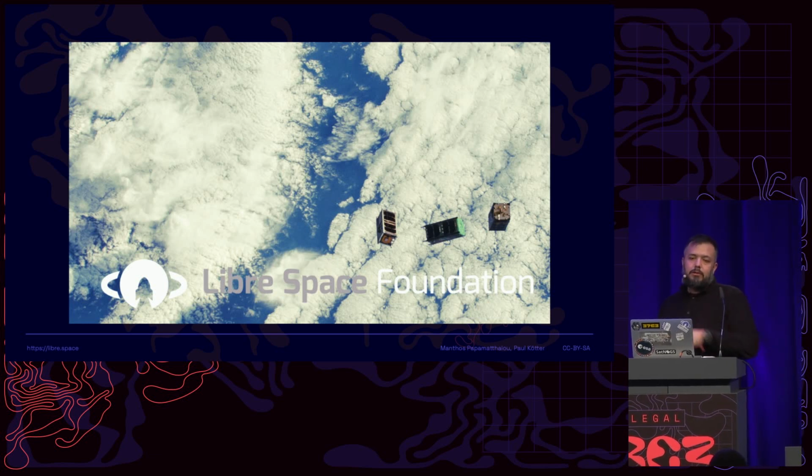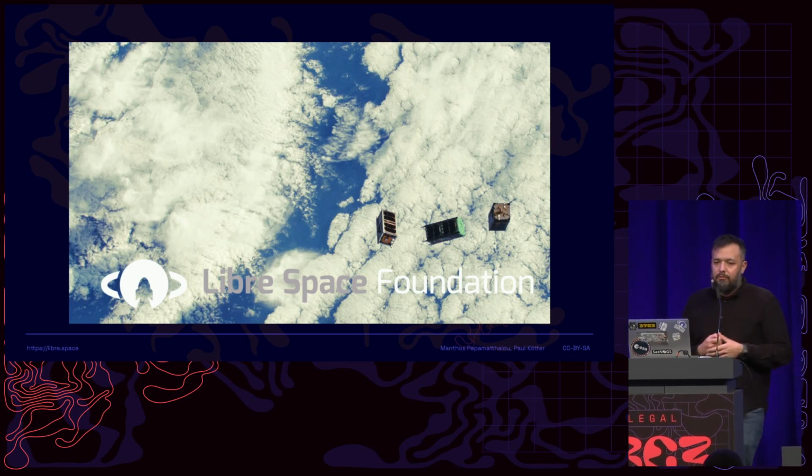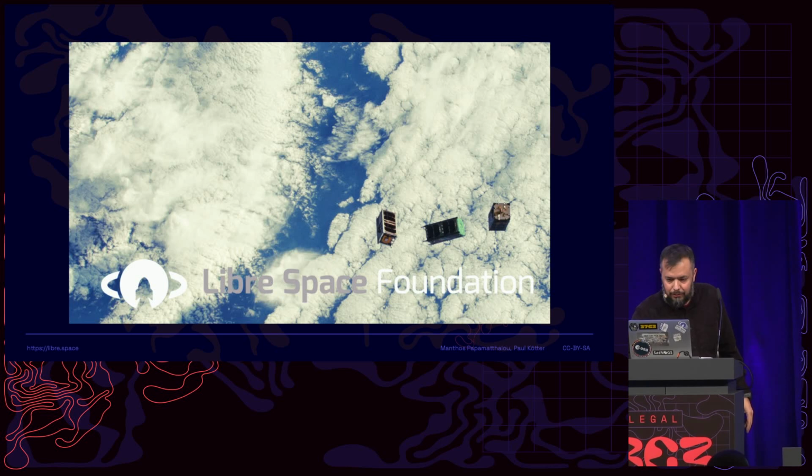And we, as Paul said, in Libre Space Foundation, we are a non-profit developing and promoting open source and Libre technologies for space. Our first satellite in orbit was a CubeSat, the satellite on the left side of the screen, launched in 2016.